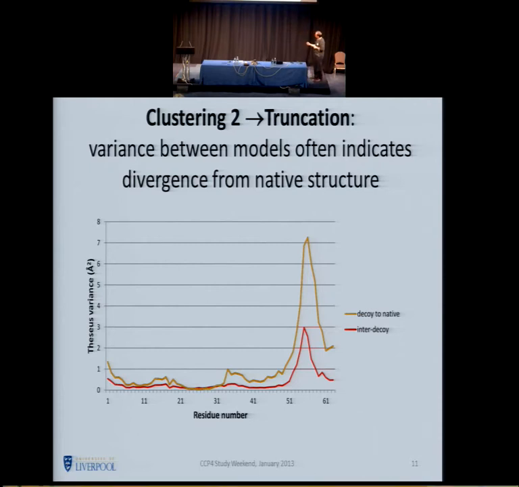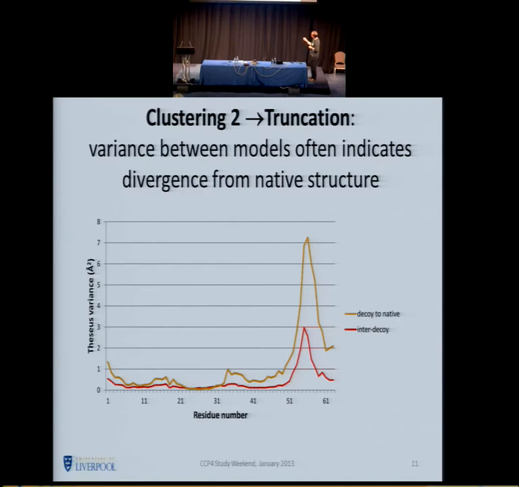And what's interesting about that is that in this case, and in many cases, that is predictive of the actual error within that model set versus the native structure. Of course, we wouldn't know the native structure in real life, but for the benchmarking, we know it, and we can see that this region that varies most in the model set is exactly where the models are not well representing the actual native structure at all.